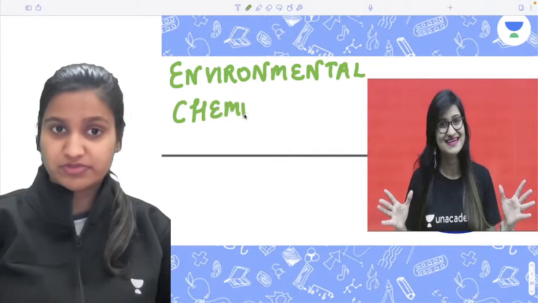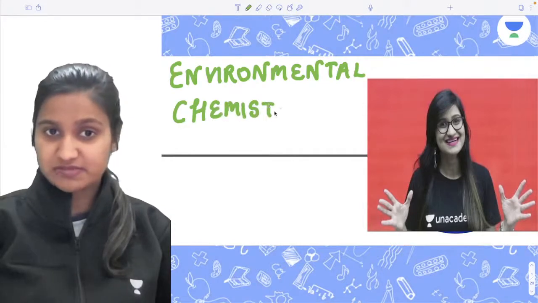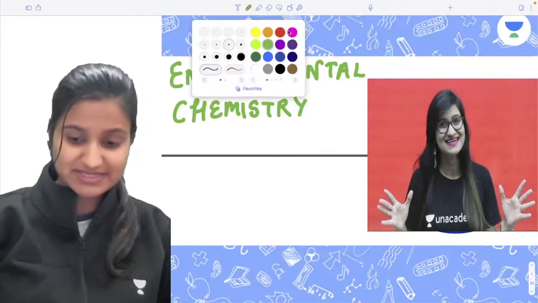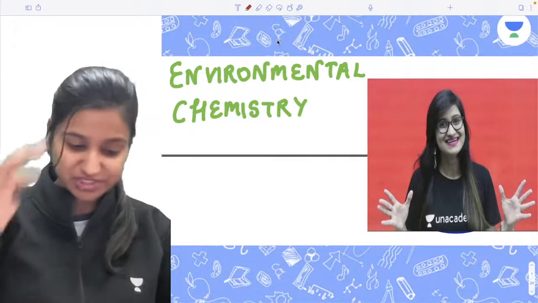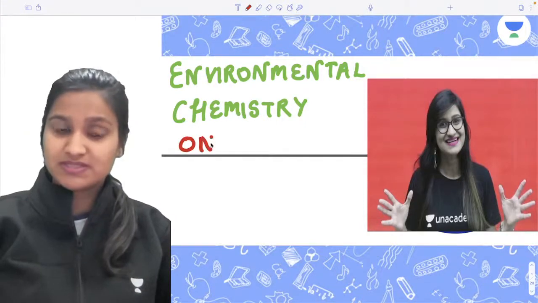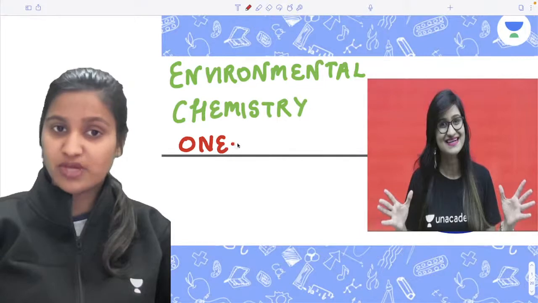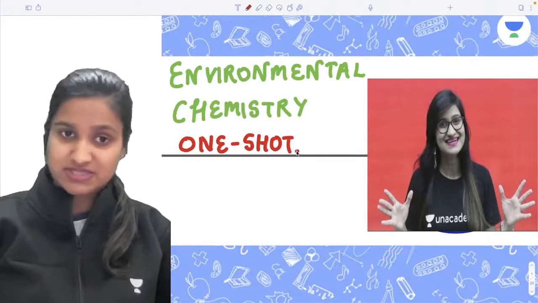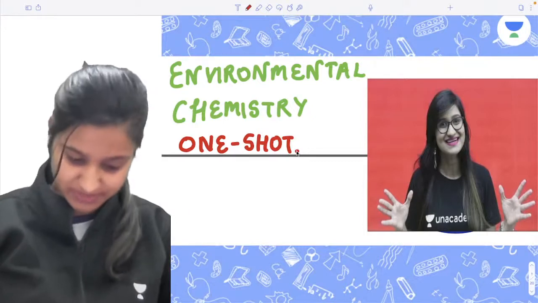We are going to do Environmental Chemistry today, and this is our one shot session. Let me know who is here quickly, guys. This is going to be a one shot session, okay?